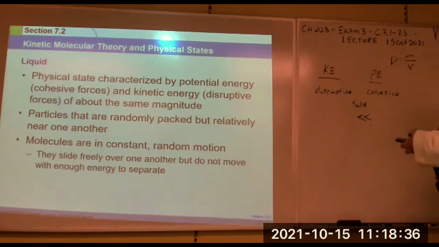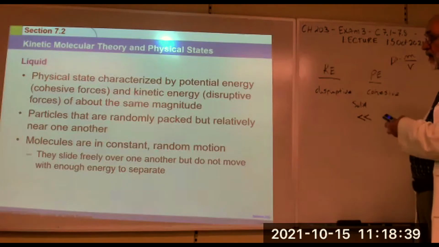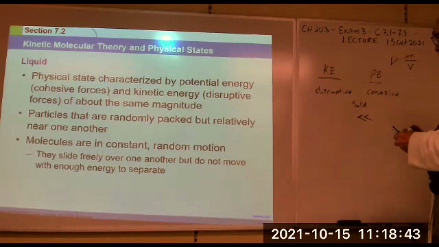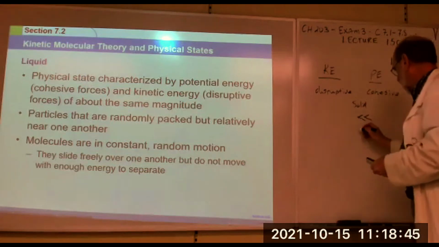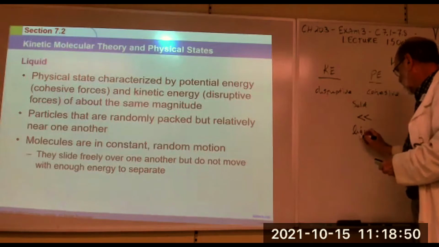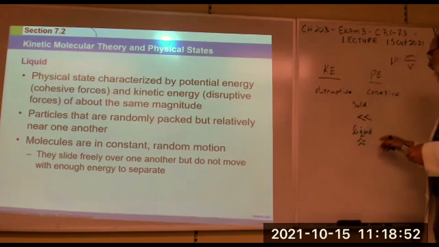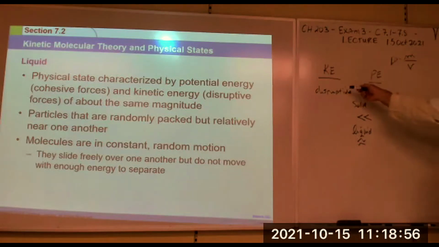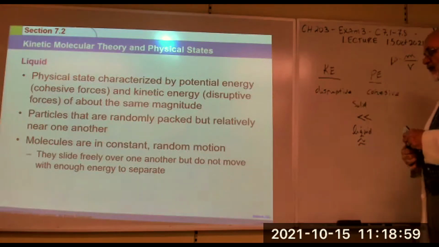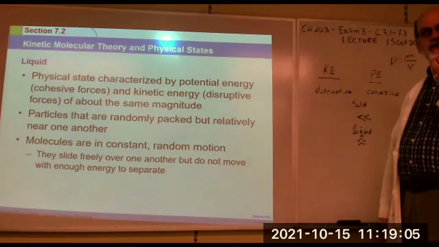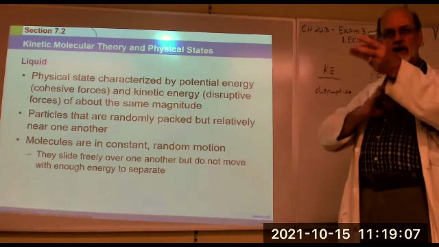Liquids. In a liquid, the potential energy and the kinetic energy are somewhat in balance. So we can say for liquids, potential energy and this disruptive kinetic energy are approximately equal. They're still close to each other, but think of them as not fixed in their position. They're able to slide past one another.